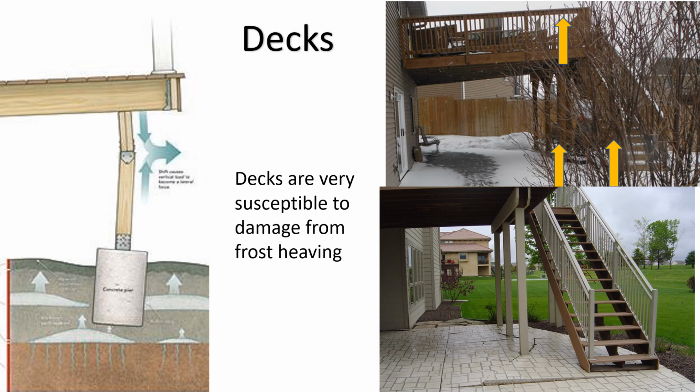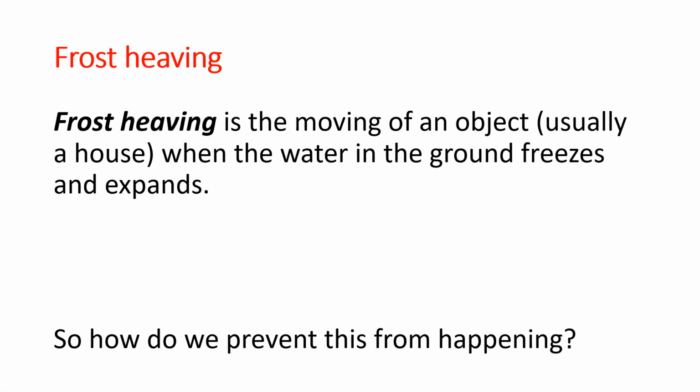And when the ground freezes, the decks get pushed on a lot more easily than a big heavy house. There are all kinds of cases where decks have fallen apart because they get pushed and pulled. And you might not know it until that spring day when you go out there and try to get on your deck for the first time, and then it collapses because it's been pushed on by freezing water.